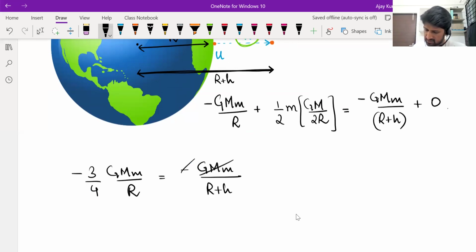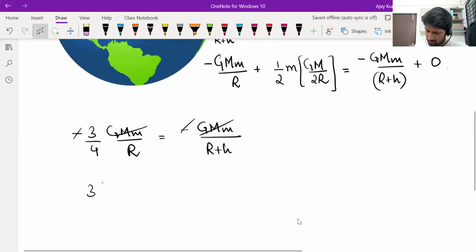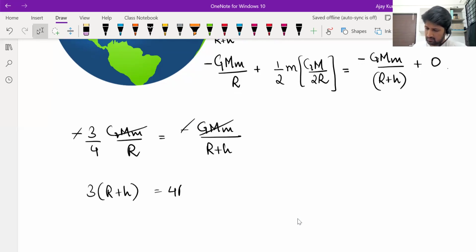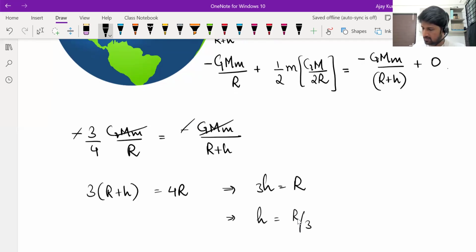Minus GMm cancel. Cross multiply. You get 3 times r plus h is 4r. So 3r plus 3h is 4r. Send the 3r that side. You get 3h is equal to r. That means h is equal to r by 3. Good. So it rises to a height of 1/3 the radius of the planet, which is a huge height.